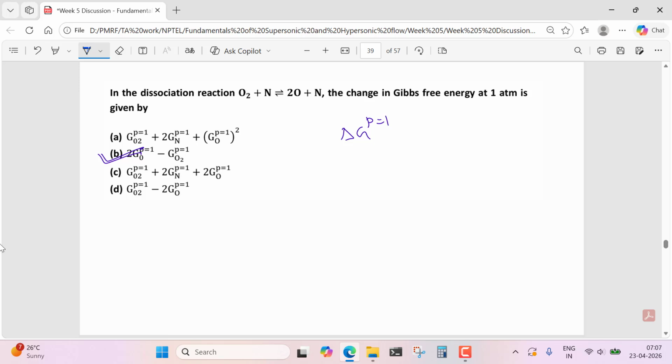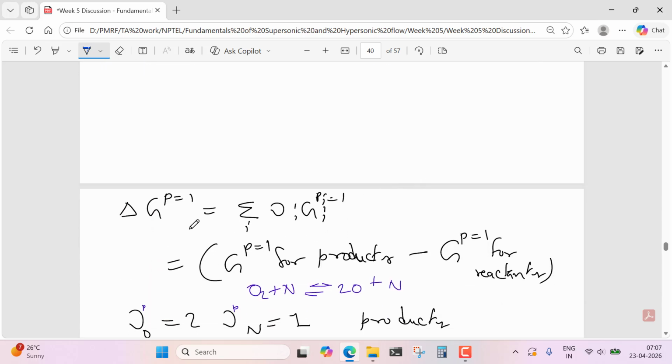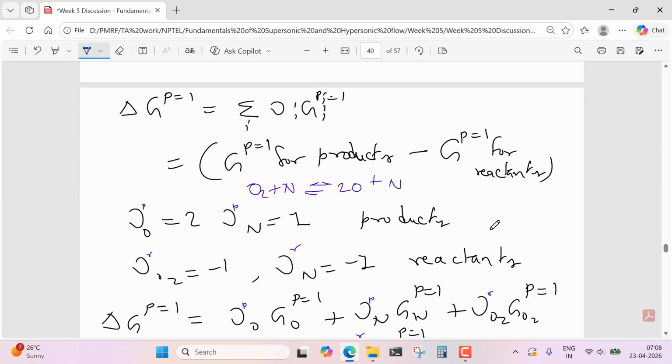How to solve it? We know that delta G at P equal to 1 is given by sigma i nu i Gi at P equal to 1. This is G at P equal to 1 for products minus G at P equal to 1 for reactants.